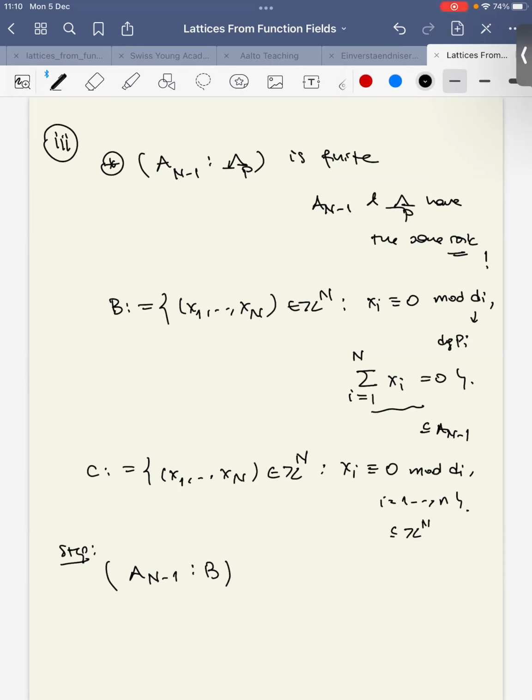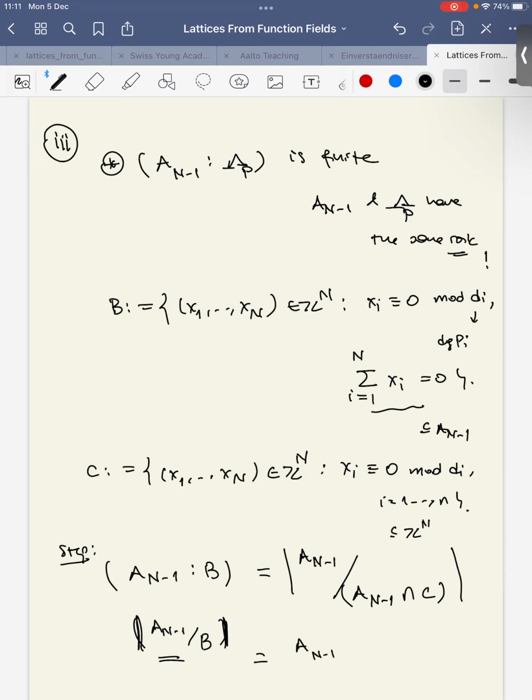So indeed, the cardinality, the order of this quotient group, can be determined by the quotient A_{n-1} over A_{n-1} intersection C. And by the second isomorphism theorem, this order equals that of (A_{n-1} + C) over C, where plus denotes the sum in our module structure.